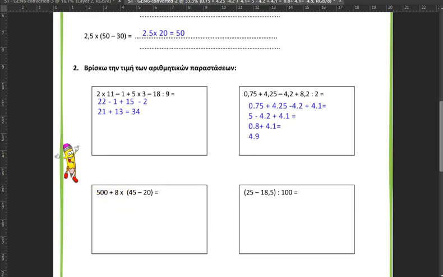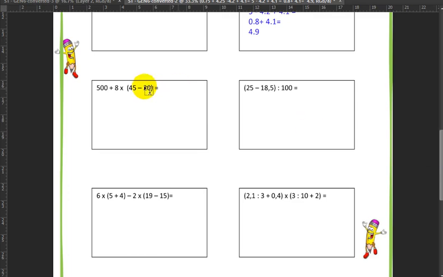And 500 plus 8 times 15. Sorry, 25. And this is equal to 500 plus 200, which is equal to 700.